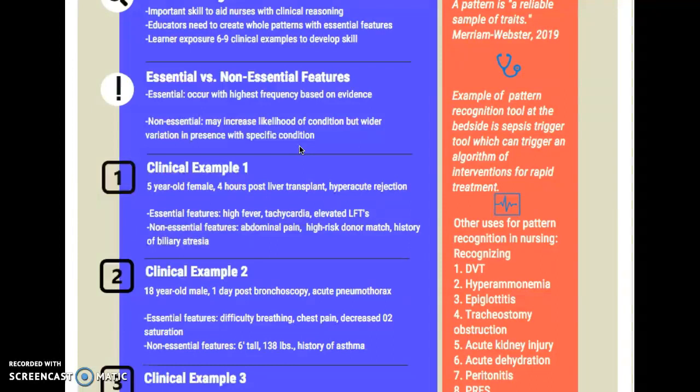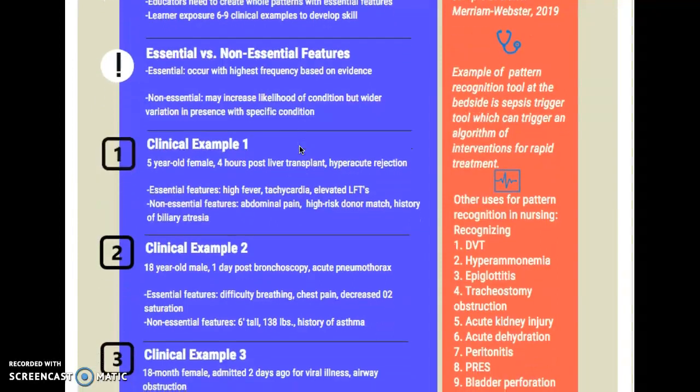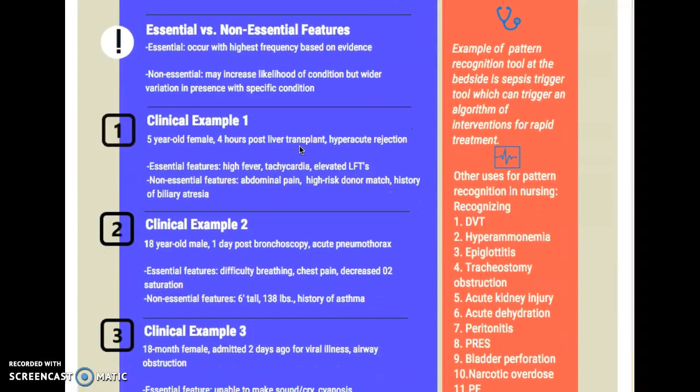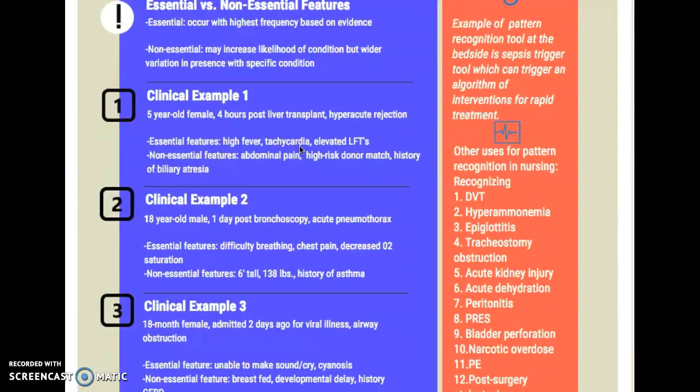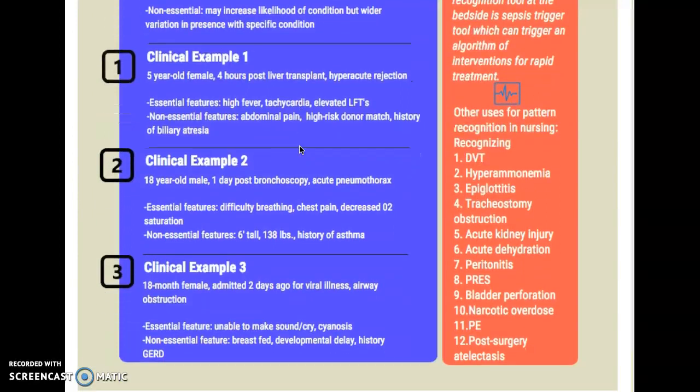When we recognize the essential features of sepsis and we use the tool, it triggers us to respond in a certain way by using an algorithm of interventions for rapid treatment. So that came to me as an example of pattern recognition that is used electronically.